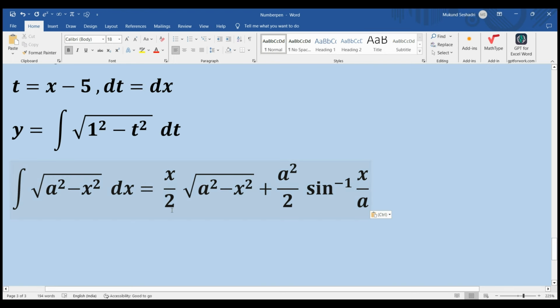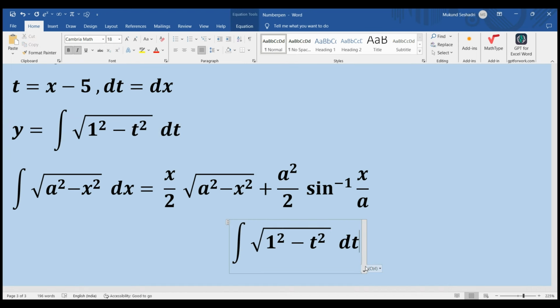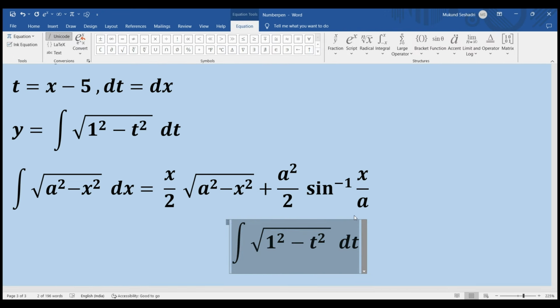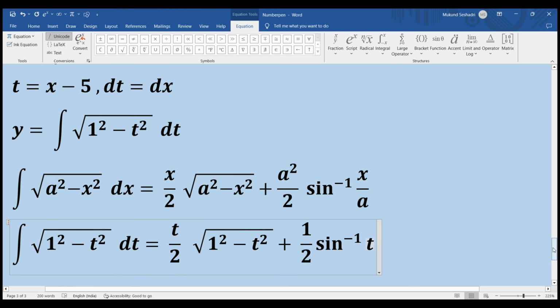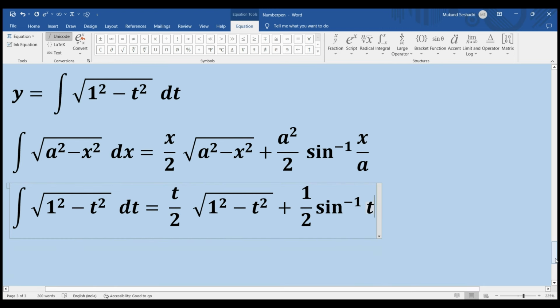So what happens now is I have my integral of square root of 1 square minus t square dt, right? So all that I need to do is replace my x by t and a by 1, right? So let's do that. So there we have post replacement of x with t and a with 1, right?